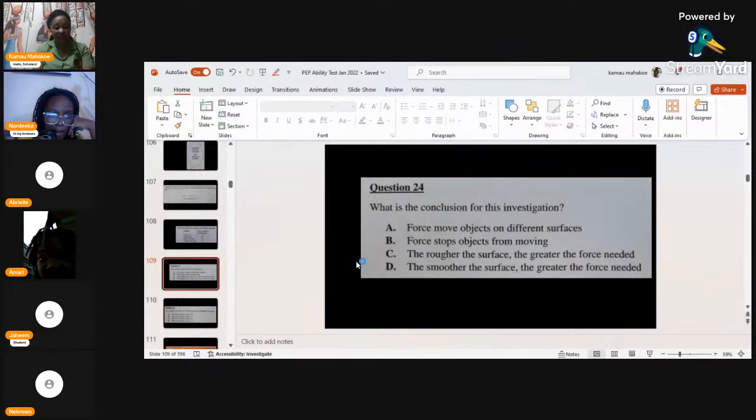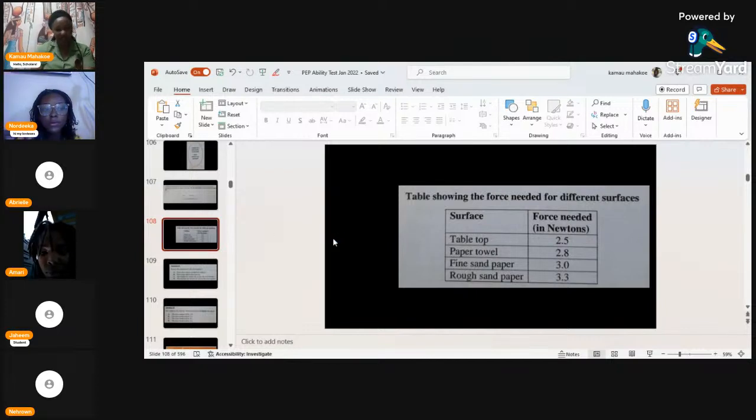Which of them, C or D, did it prove? Is it that the rougher the surface, the greater the force needed, or the smoother the surface, the greater the force needed? Miss, I would say the rougher the surface is, the more force needed.